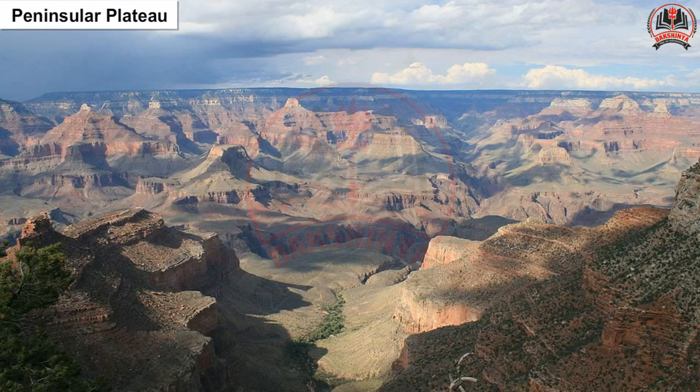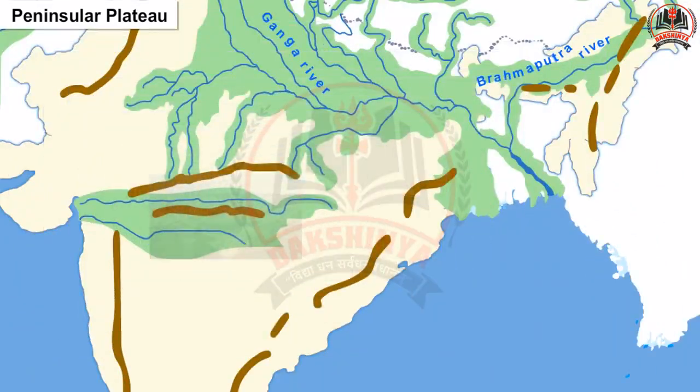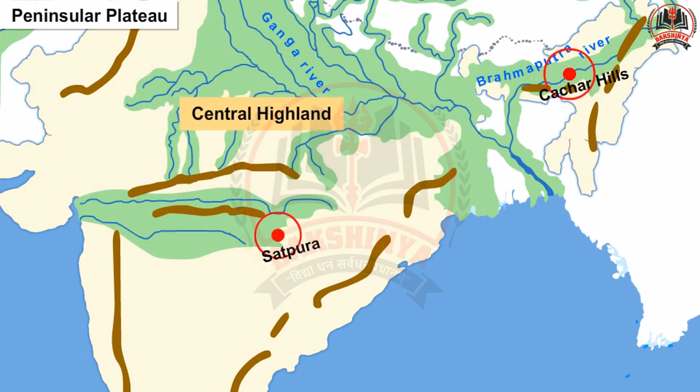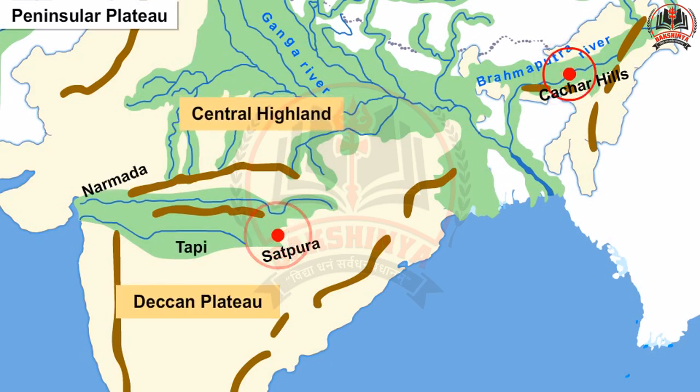Peninsular Plateau. The Peninsular Plateau is made up of metamorphic and igneous rocks. From Satpura Range, it stretches far into the east up to Kacher Hills. It is divided into 2 major regions, the Central Highland and the Deccan Plateau, by rivers Narmada and Tapi.